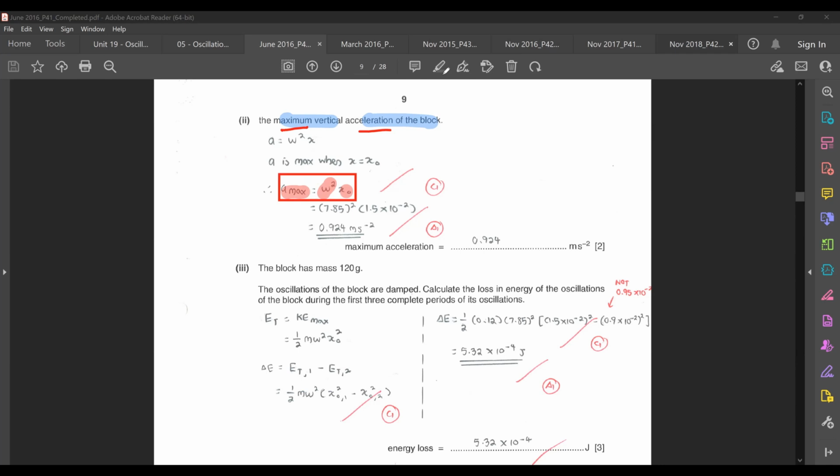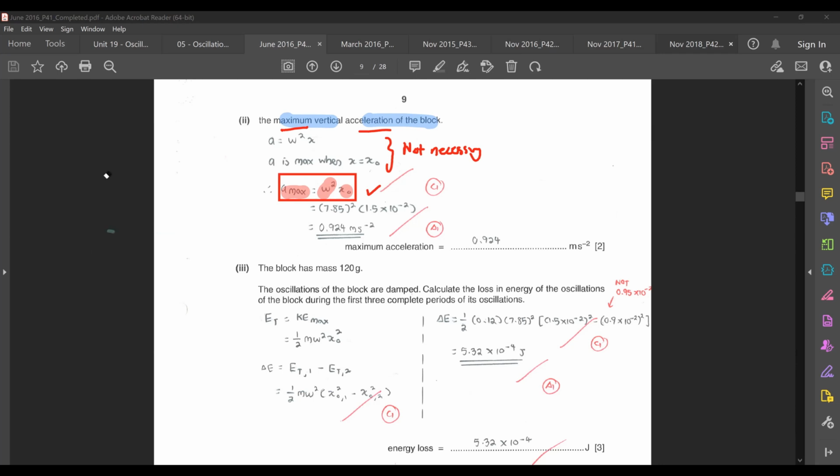The derivation, like the ones shown above, is actually not necessary to be shown. The moment they ask you what's the maximum acceleration, you can just use this straight. The moment they ask you what's the maximum velocity, you can just use Vmax equals omega x naught straight.